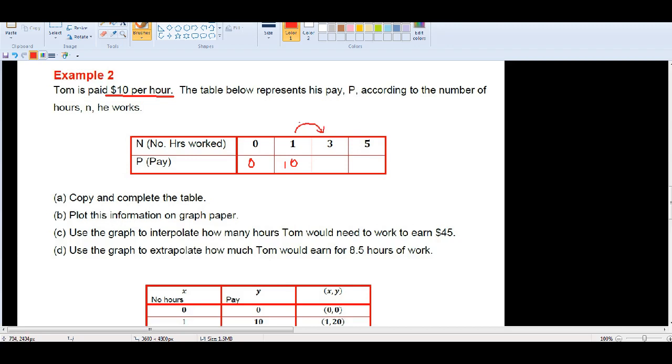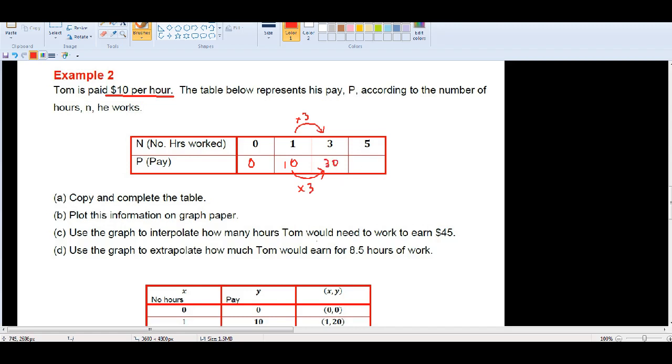don't draw it. We just try to imagine it through the table. So from 1 hour to 3 hours, you times 3, right? Okay, so remember that's a direct proportion. If the time is increased by 3 times, then the pay should do the same kind of increase, which is 3 times.